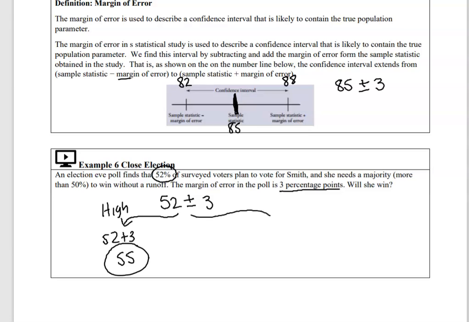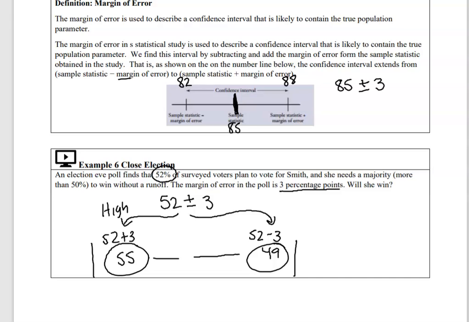And then we want to look at the low end of the poll. What happens if we were off? The high end asks, what if we were off a little bit and she really did a little bit better? And the low end says, what if we were off and she did a little bit worse? So 52 minus 3 would give us 49. So we're pretty much confident that with this margin of error she's going to get between 49 and 55% of the vote.